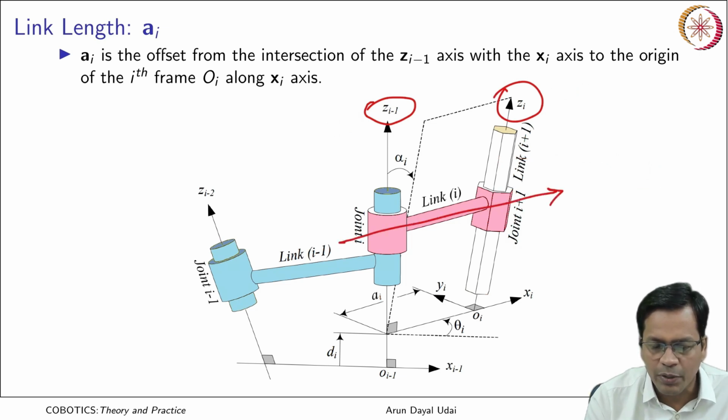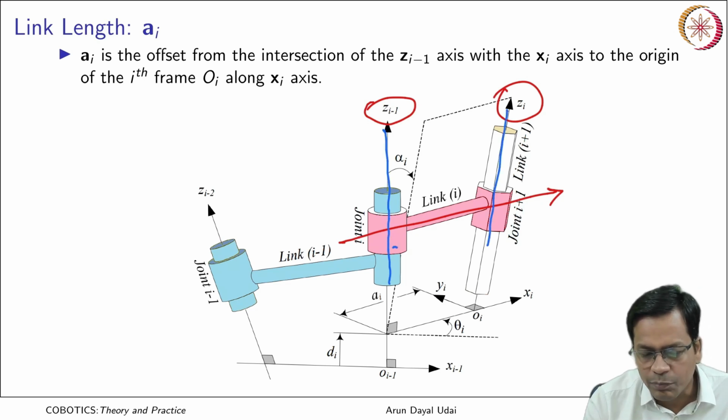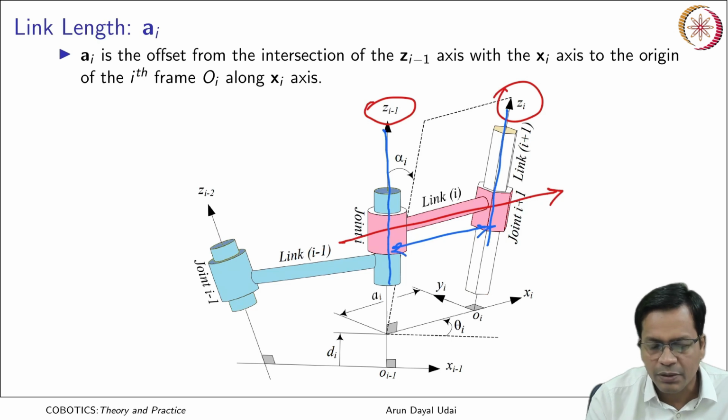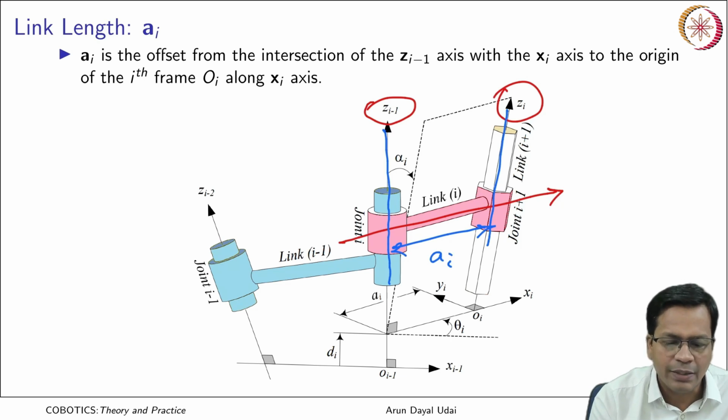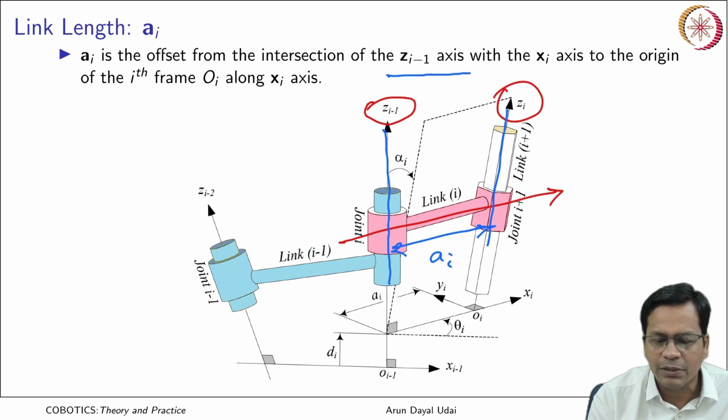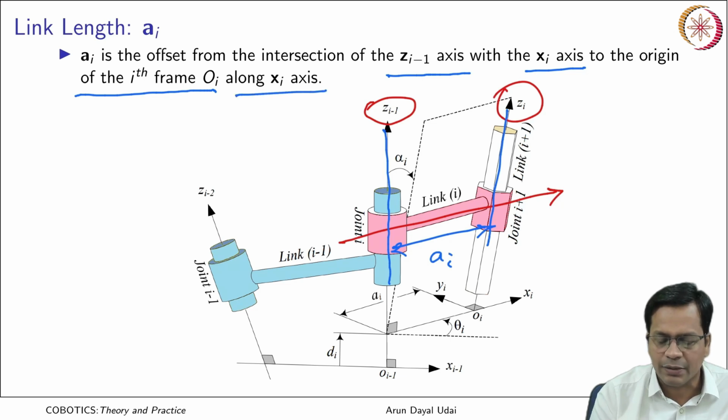That is a common normal to zi minus 1 and zi, and the distance between them is the link length, commonly known as ai. Ai is the offset from the intersection of the zi minus 1 axis with the xi axis to the origin of the ith frame, Oi, along the xi axis.